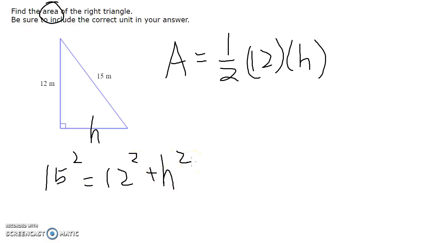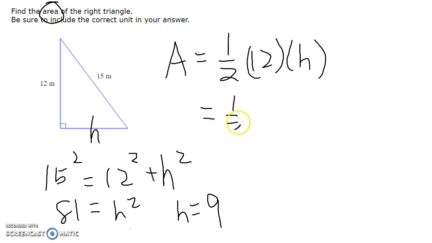I'm going to skip a few steps here. You guys have your calculator with you. So I'm taking 15 squared minus 12 squared. That gives me 81. Okay, 81 is equal to h squared. So h would be 9. Now I can update what I have here.